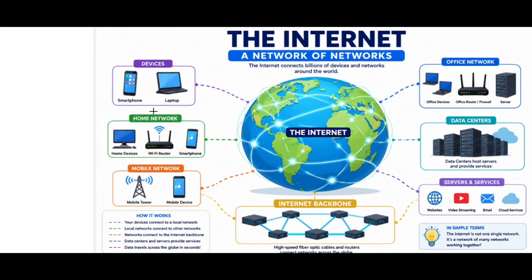As you can see in this image, there are devices such as smartphones and laptops. We have Wi-Fi routers and the home network. The home network is the one where we are actually located. The mobile network is the cellular tower, or Wi-Fi is also a network connection.